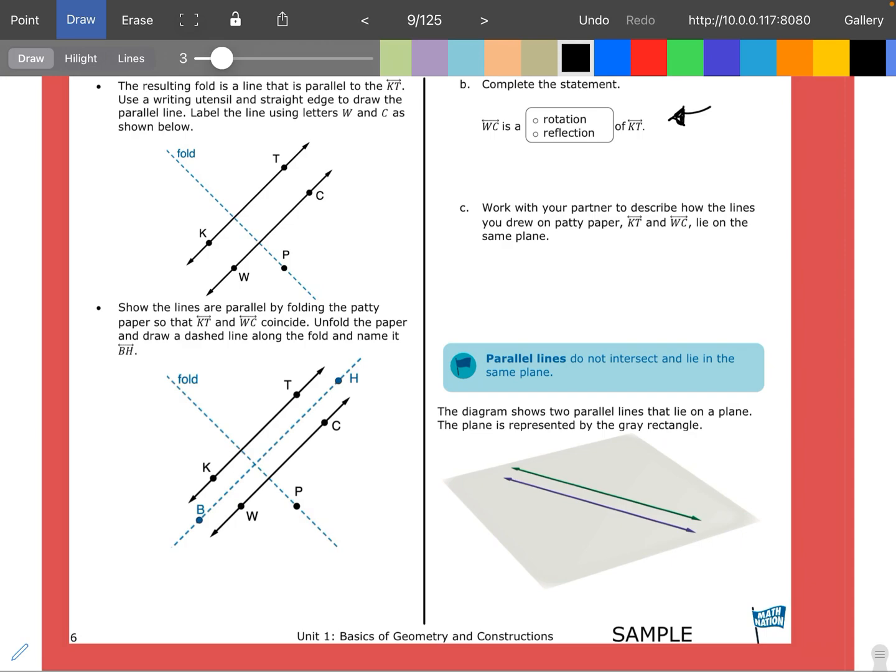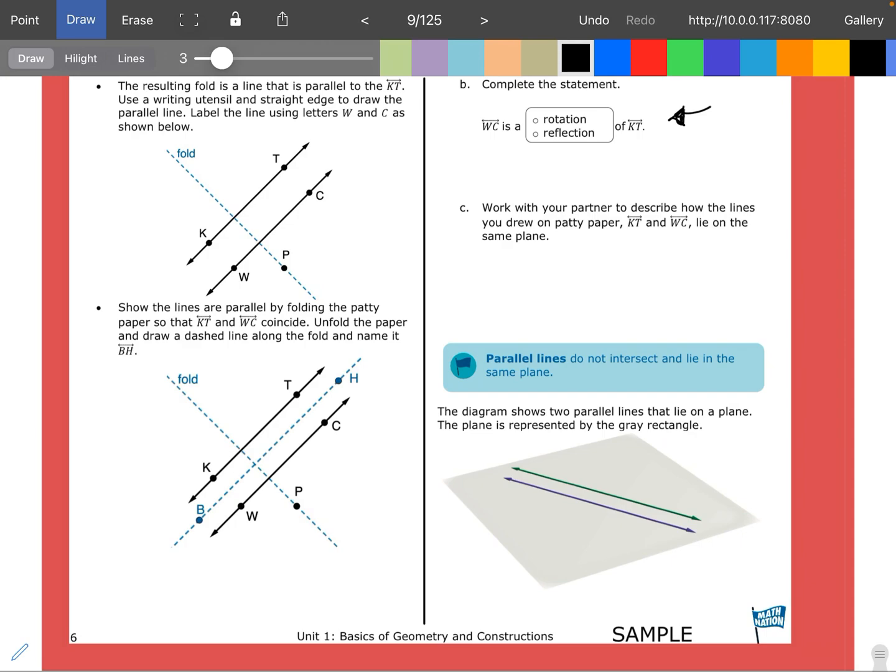All right, I'm assuming you've paused the video, you've done all of that, you've seen that you have created parallel lines, and you're also going to be creating some perpendicular lines with this. Don't throw away your patty paper yet, we're not done with it. But if you look at what you folded, you have created another line, WC.